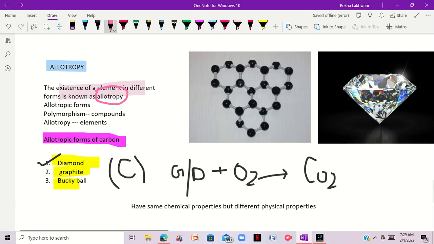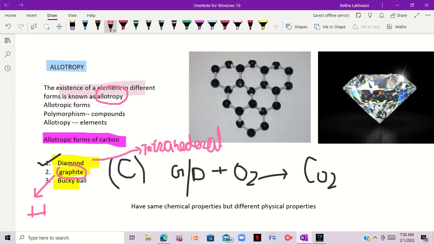It has a tetrahedral structure, whereas graphite has a hexagonal structure, right?